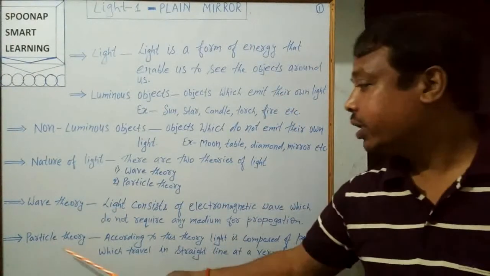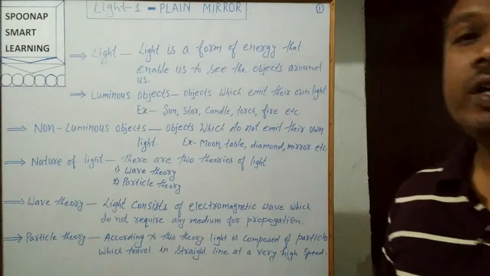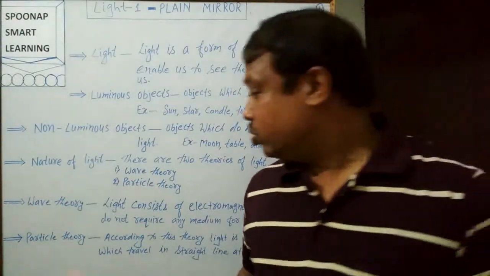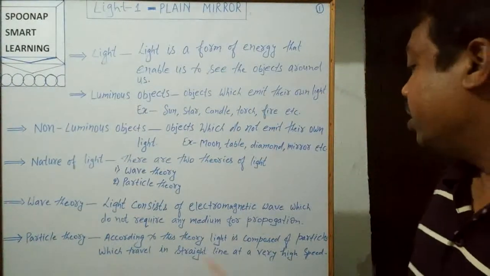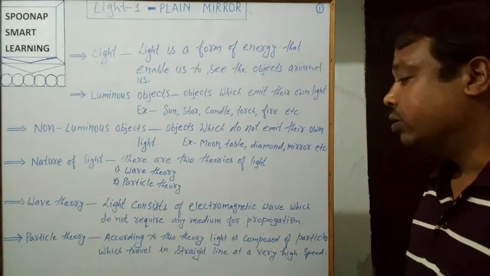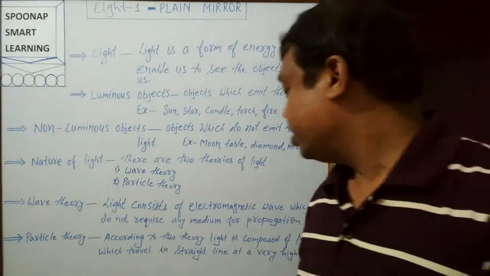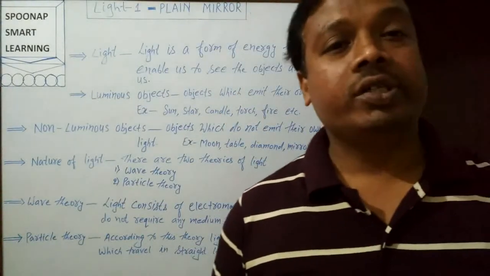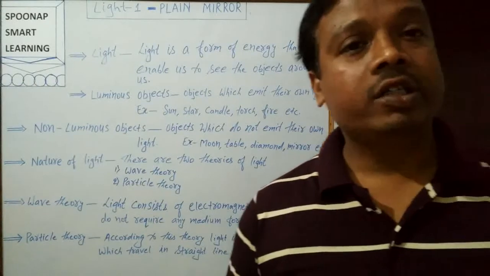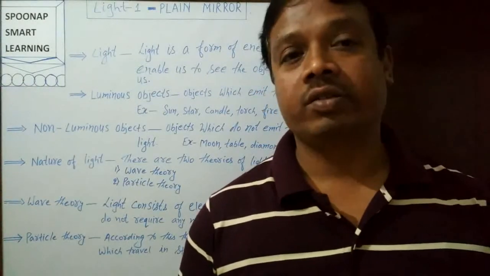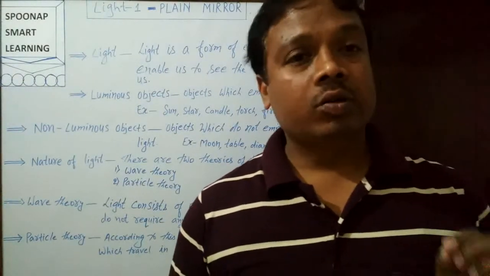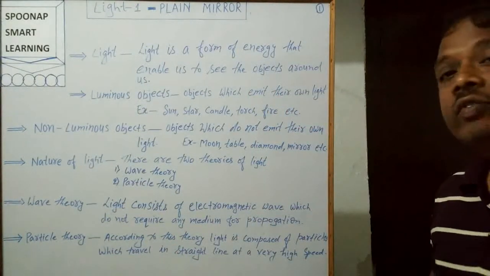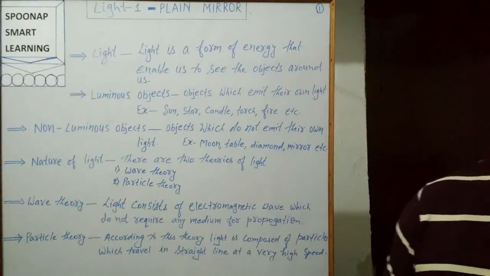Clear? Second theory is particle theory. According to this theory, light is composed of very tiny particles which travel in a straight line at a very high speed.